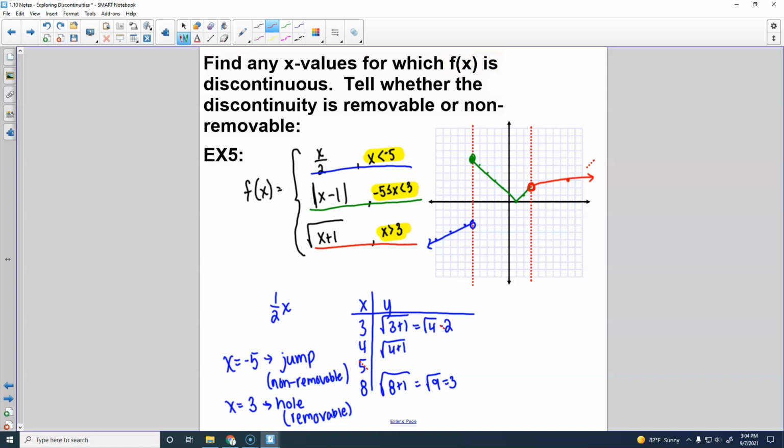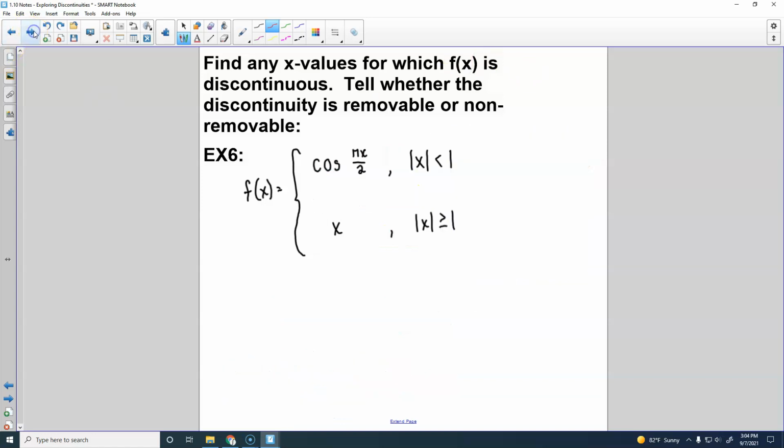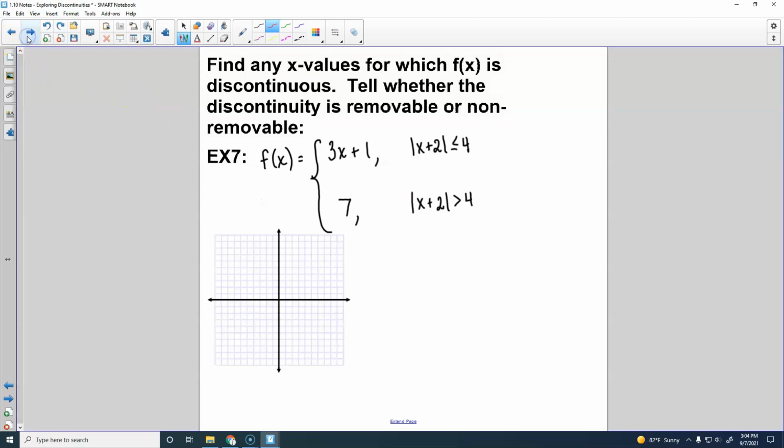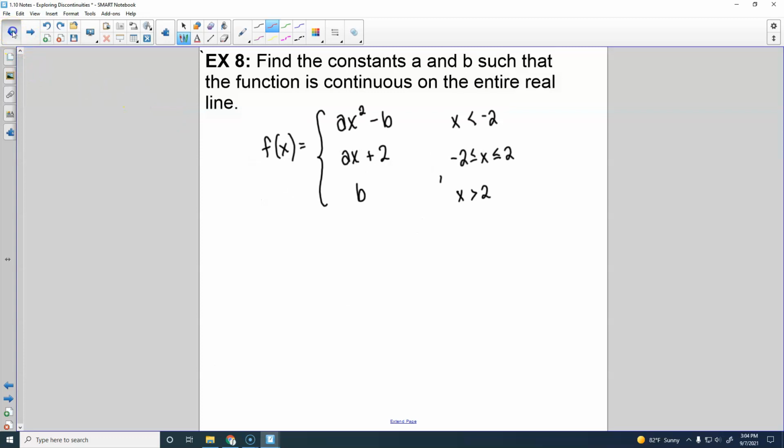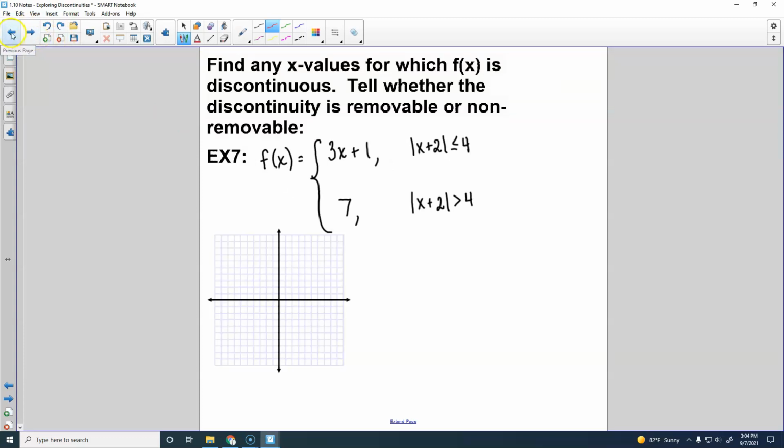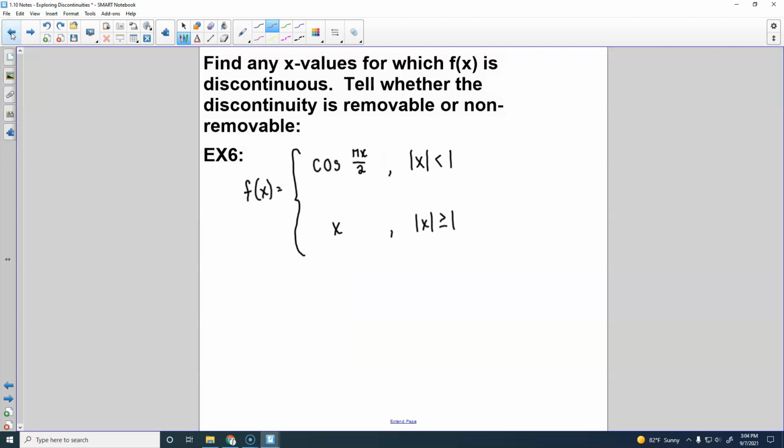Now, piecewise functions, sometimes we don't want to have to graph them every single time. You probably do not want to have to graph these every single time, especially whenever your graph is cosine of pi x over 2, right?